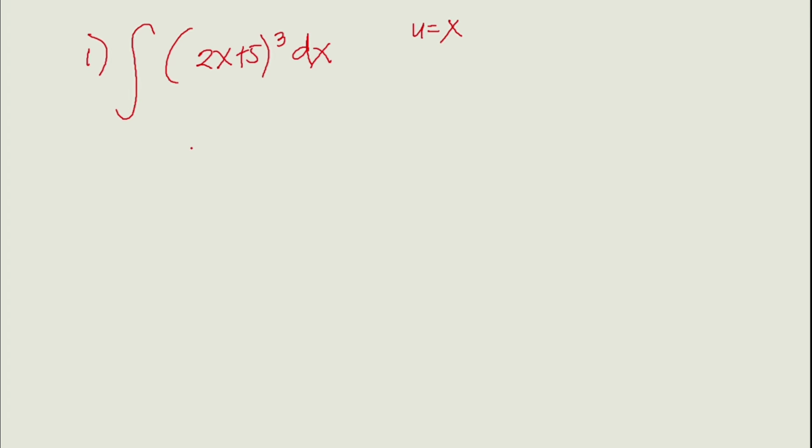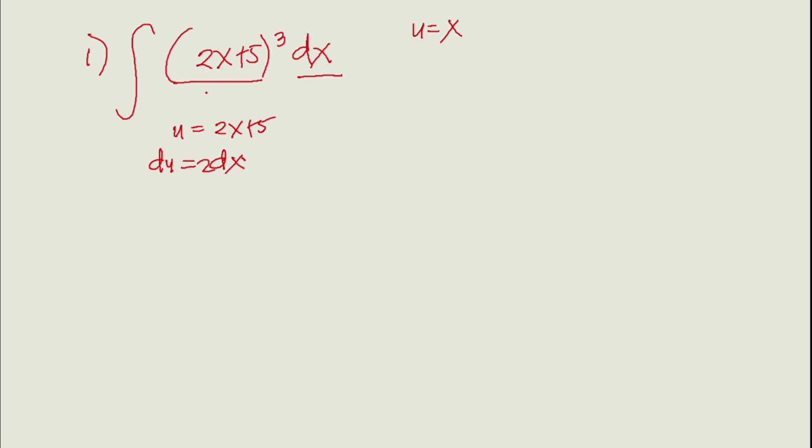Our u is equal to 2x plus 5. If we take the derivative, we have 2 dx. Since by integration by substitution we have to substitute all parts of this integral, the part here and the part here.